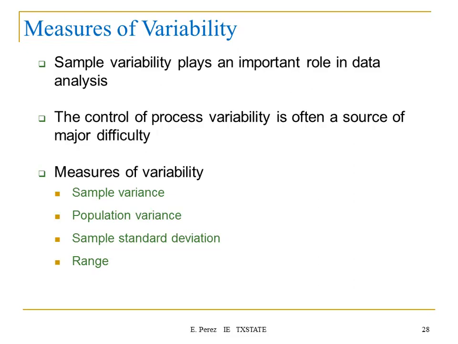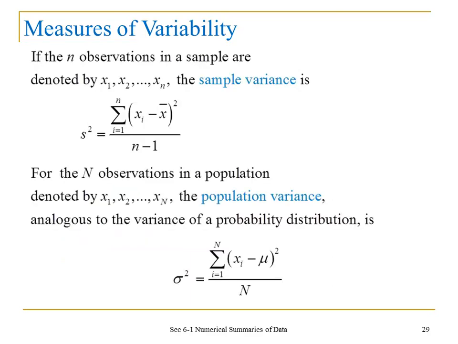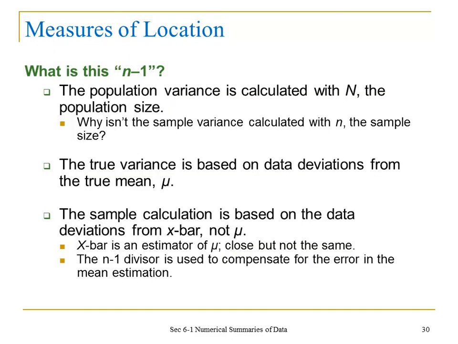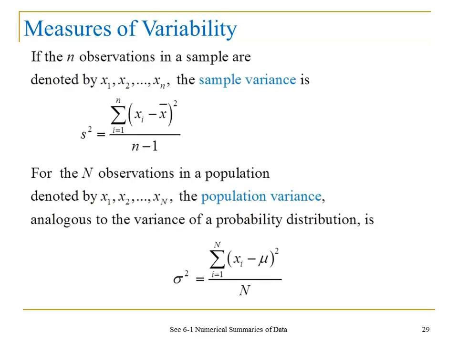So specifically, we focused on the variance and the standard deviation. So again, we talked about the difference between the sample variance and the population variance, and the meaning of this n-1 for the sample variance. We talked about why we need n-1.